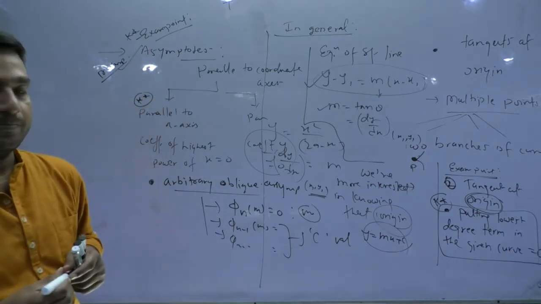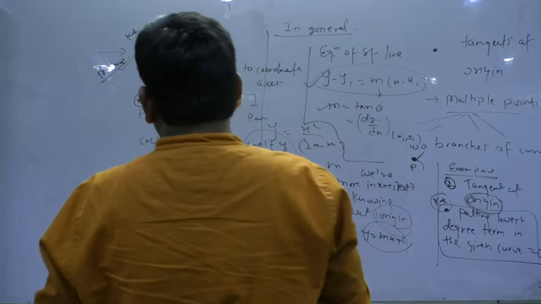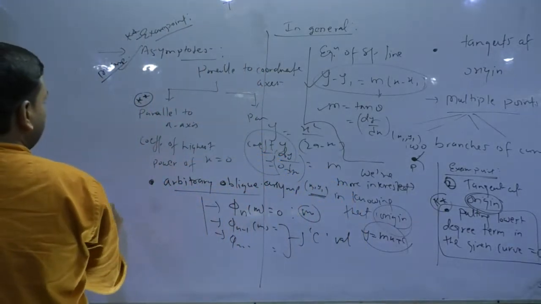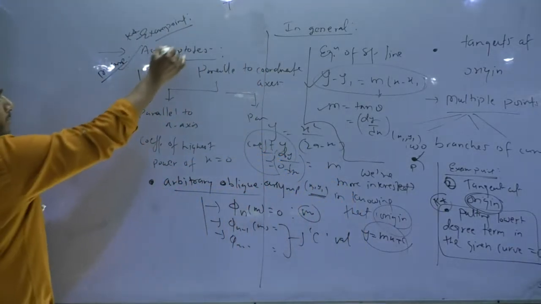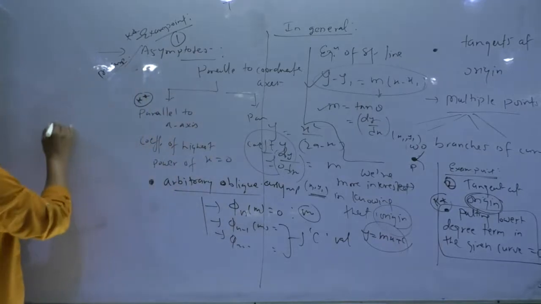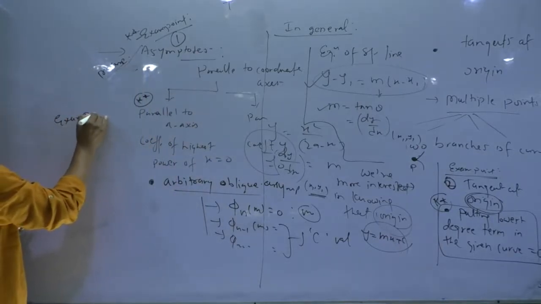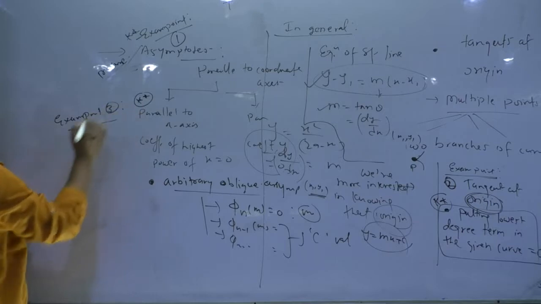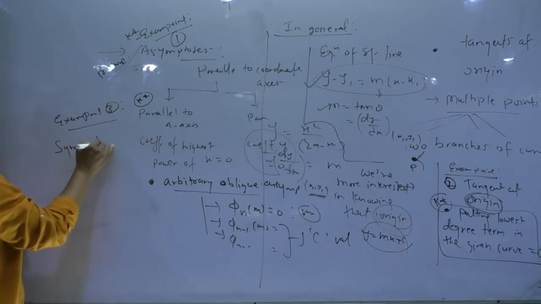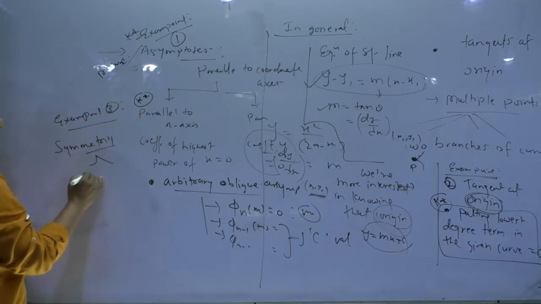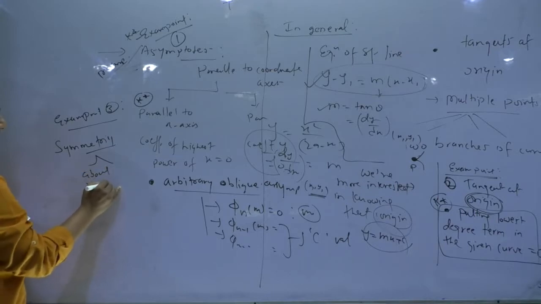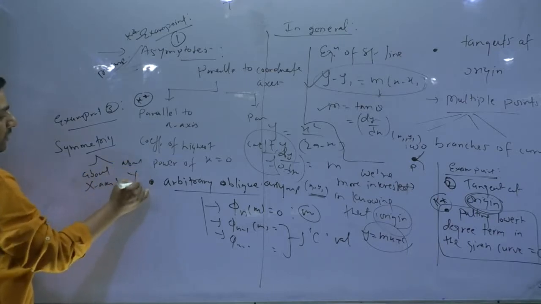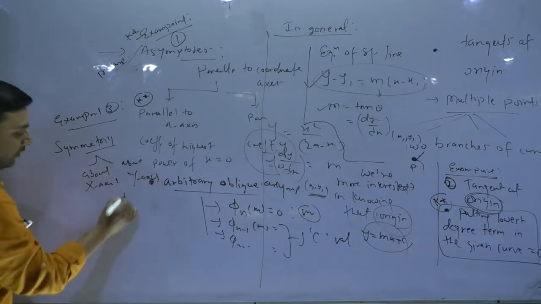Is that clear? One more point I would like to tell here, exam point 3, which is getting the symmetry. Symmetry about what, children? About either x-axis or y-axis.